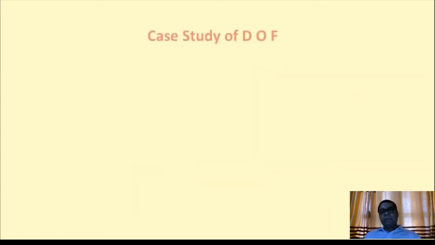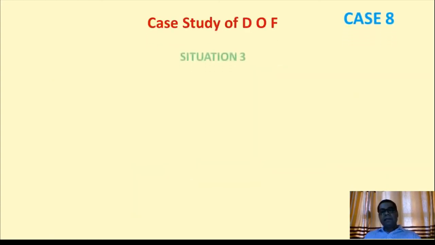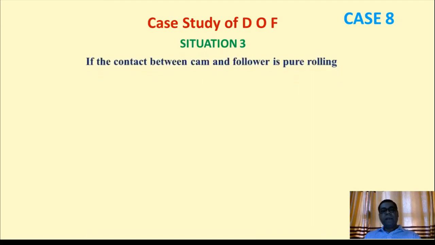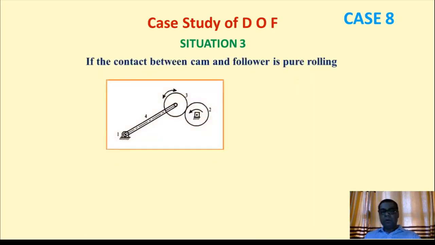Okay, so the last case or last situation is where the contact between the cam and the follower is pure rolling. Just go through this figure once again and try to understand the cam and follower. There is pure rolling action, there is no sliding, but rolling is going on.